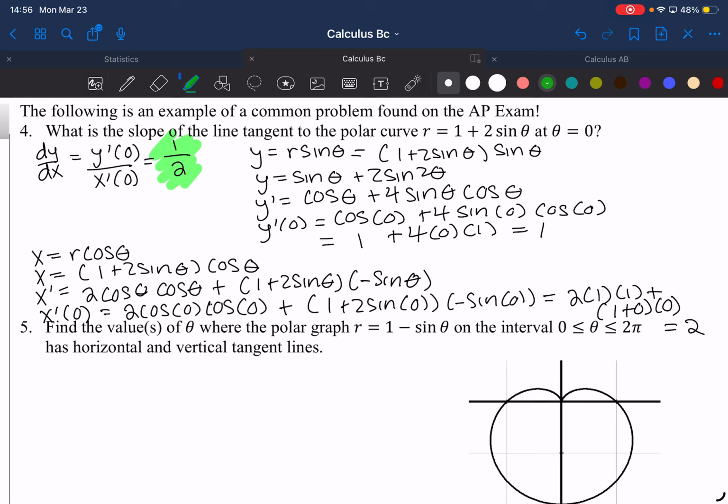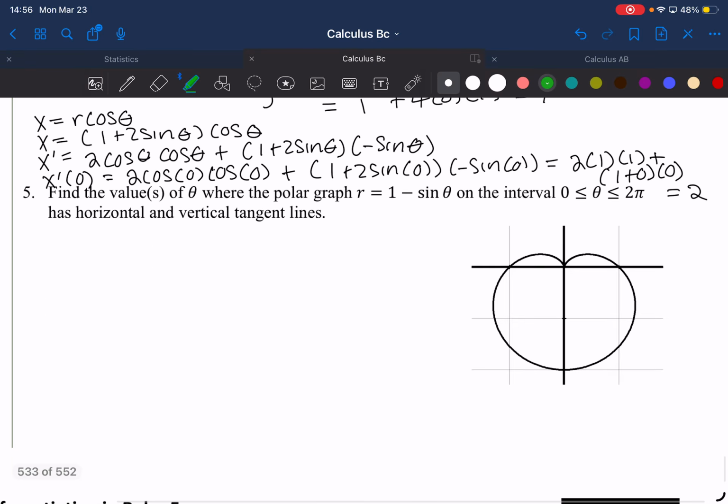Okay, number 5 says find the values of theta where the polar graph r is equal to 1 minus sine theta on the interval from 0 to 2 pi has horizontal and vertical tangent lines. So the first thing we're going to do is horizontal.